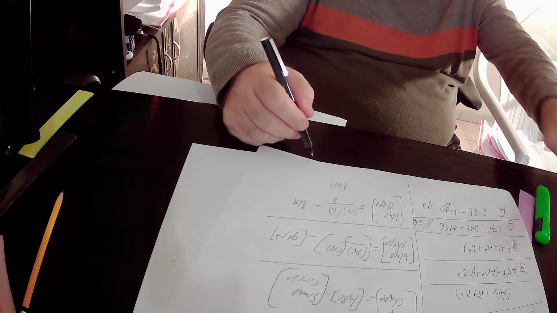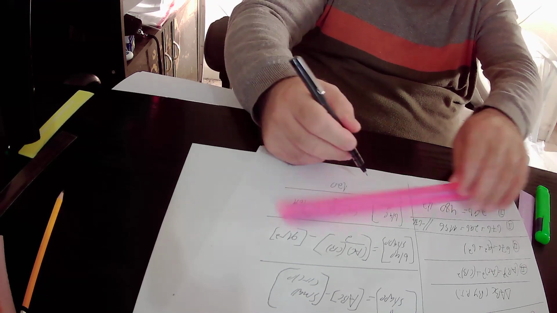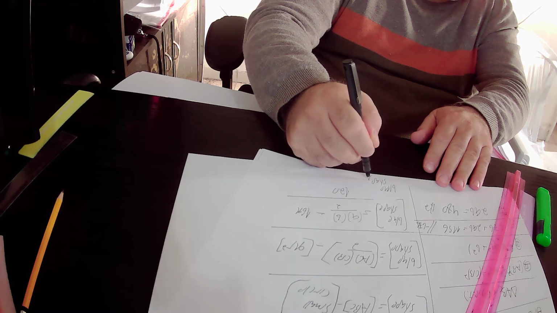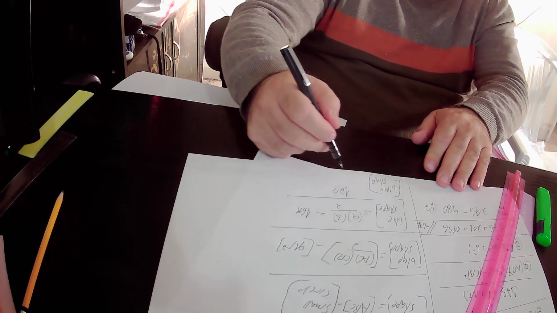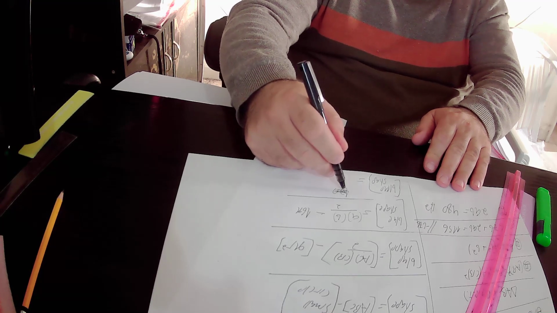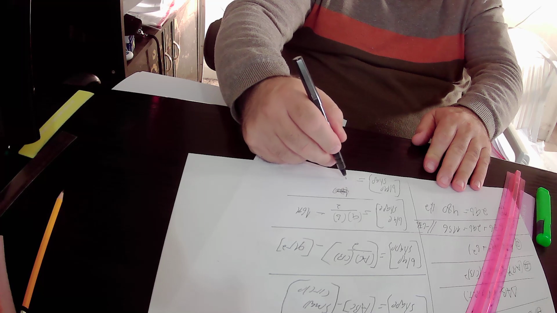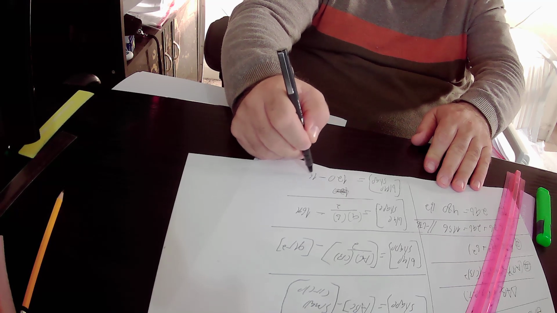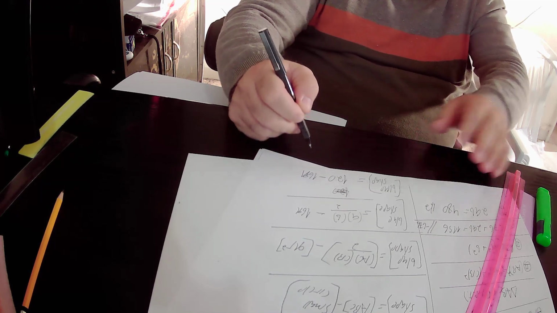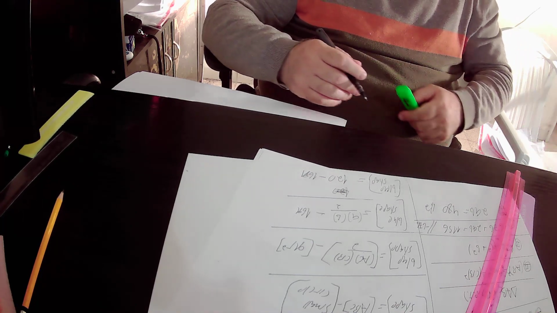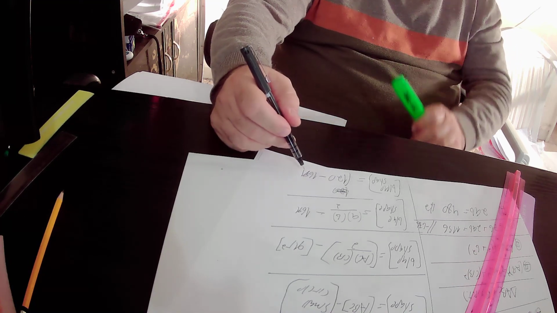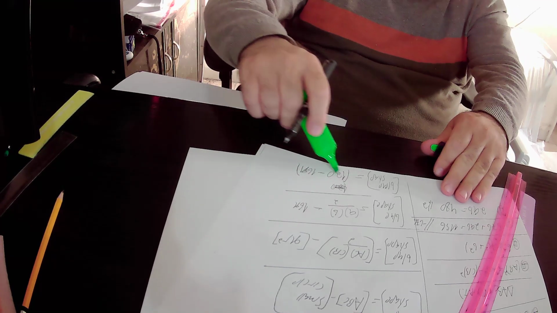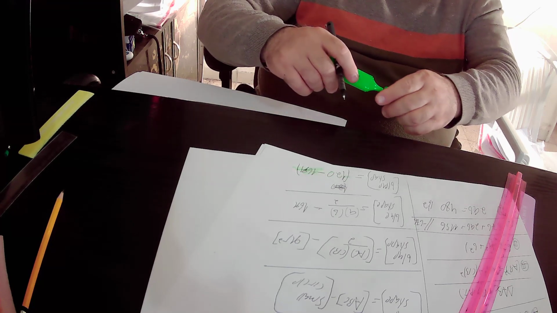So the area of the blue shape equals the area of triangle ABC, that is 120 square units, minus the area of the small circle, that is 16 pi. So it is 120 minus 16 pi square units.